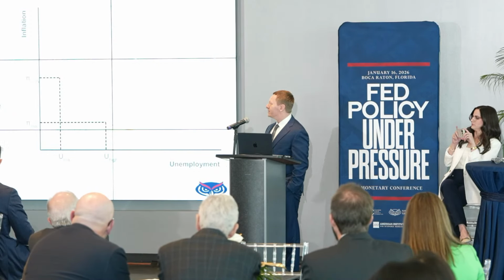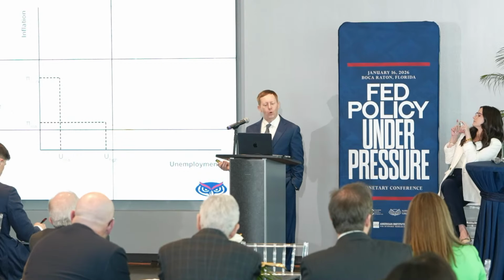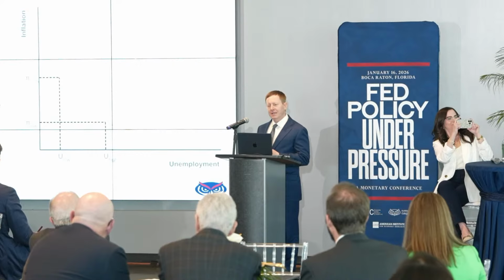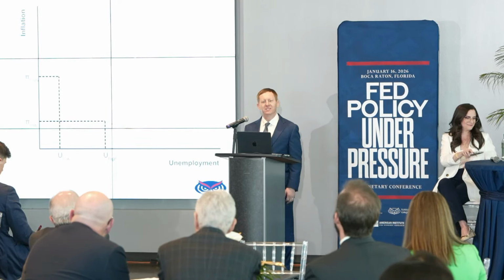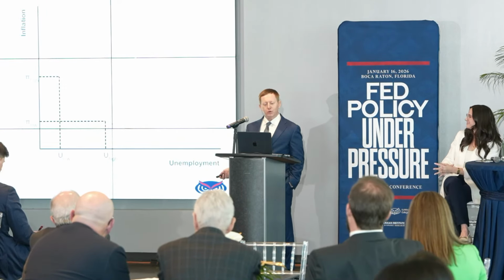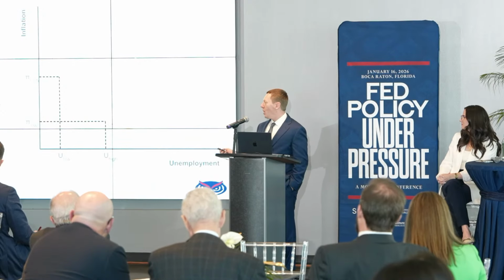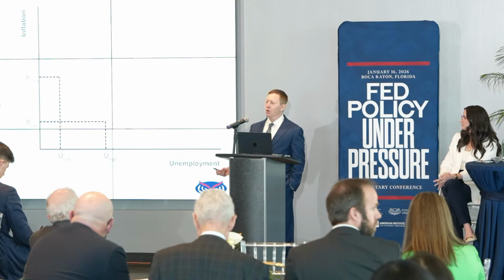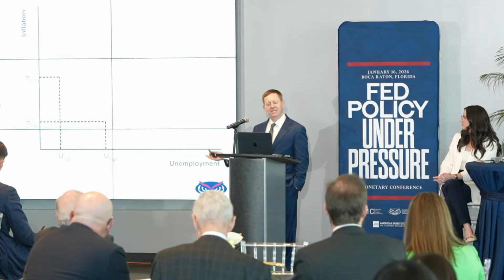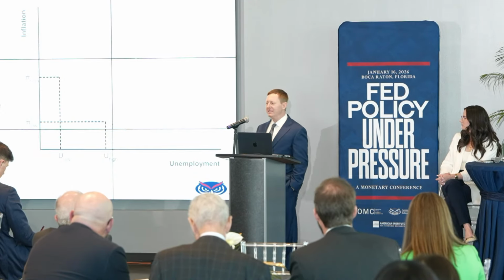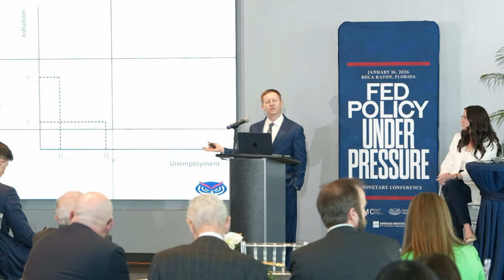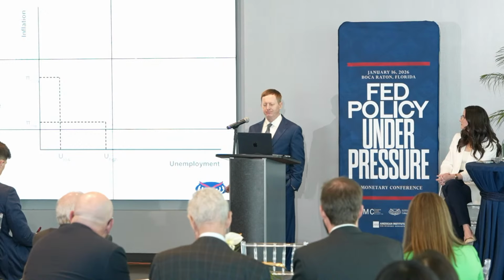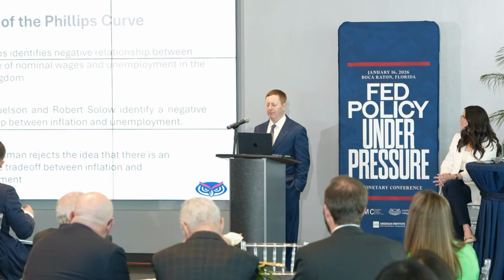That naive Phillips curve view maintains that there's an exploitable trade-off between inflation and unemployment, that there is a menu of policy options, that the central bank can achieve low unemployment by accepting a high rate of inflation, or low inflation by accepting a high rate of unemployment, that they can just choose where along this Phillips curve they want to be. So where did this idea come from?